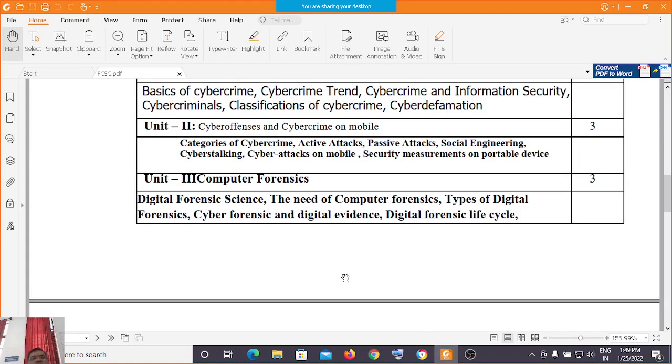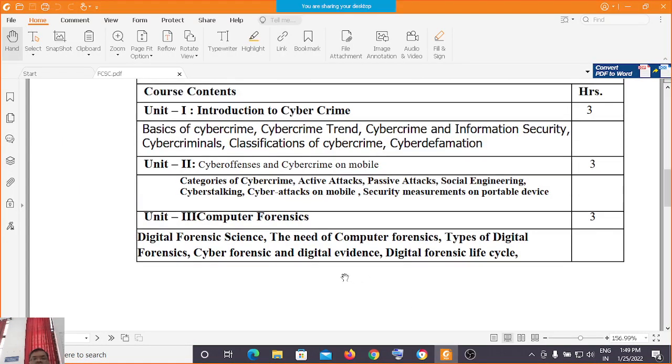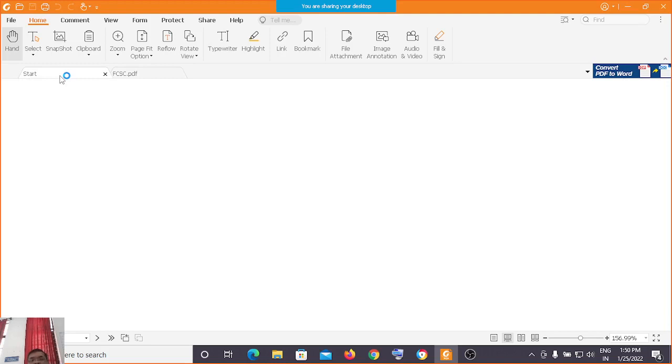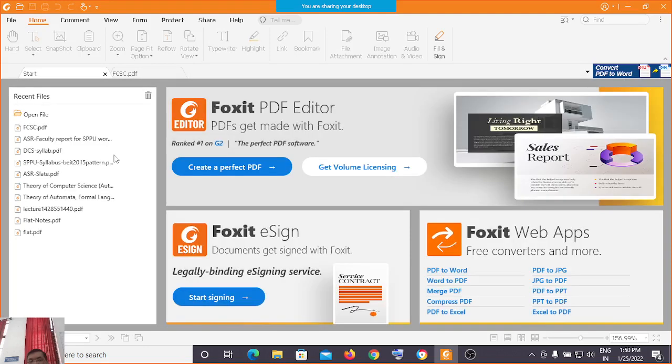We have already seen the first unit, introduction to cybercrime, where we discussed the basics of cybercrime, information security, cyber criminals, classification of cybercrimes, and cyber defamation.